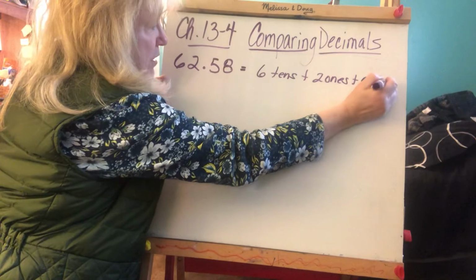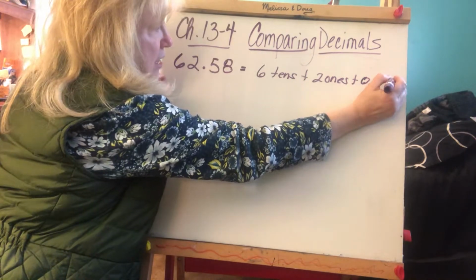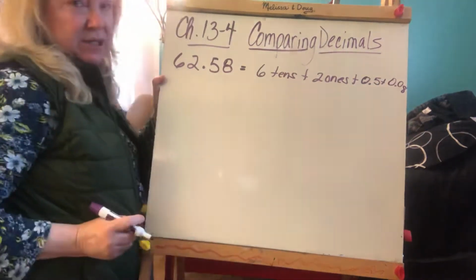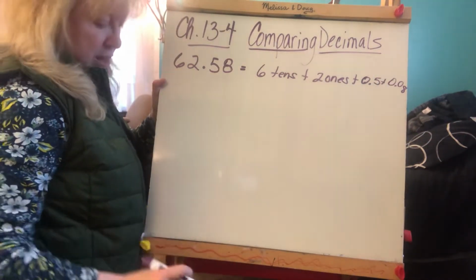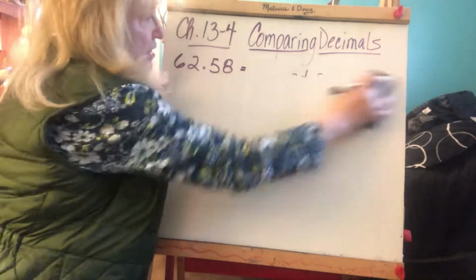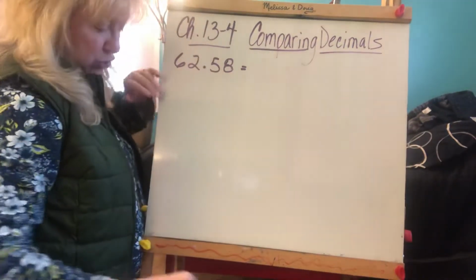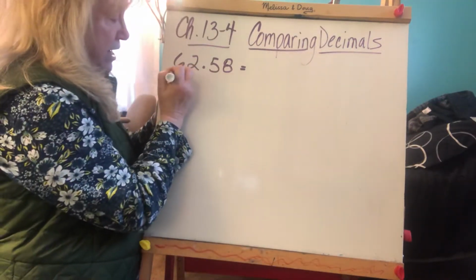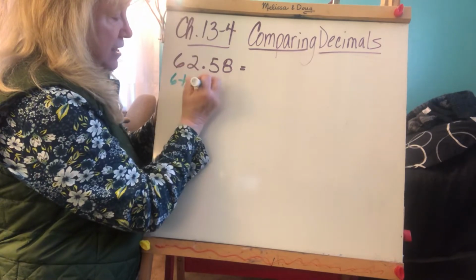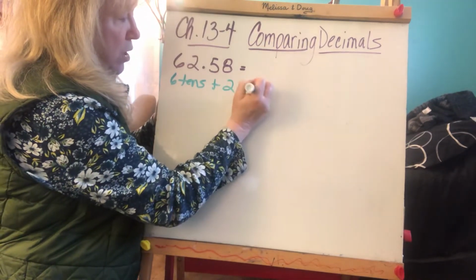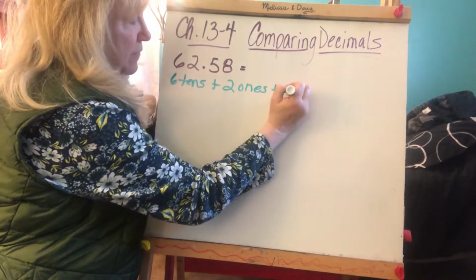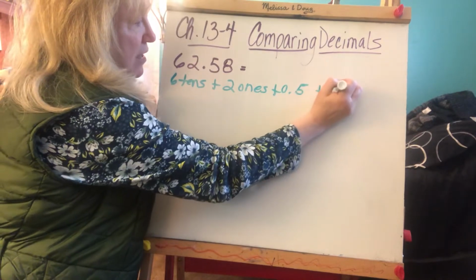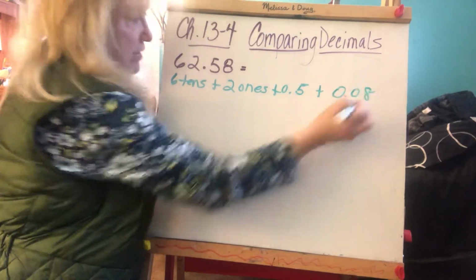I'm going to rewrite this because I ran out of room. I'm going to write this underneath it so I can start closer to the left. We could say that this was 6 tens plus 2 ones plus 5 tenths plus 8 hundredths.